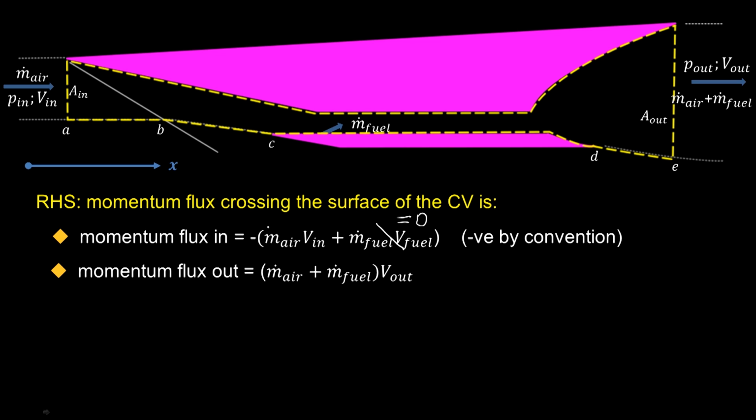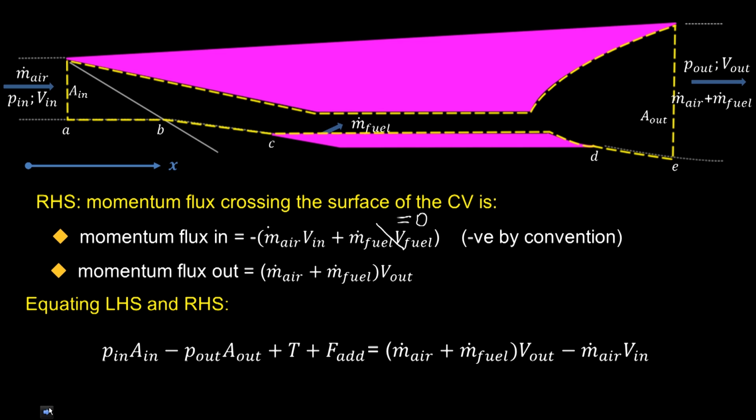So if we now equate the left and right hand sides, we get all the forces on the left hand side, including the thrust, which is what we're trying to find out, and all the fluxes on the right hand side.